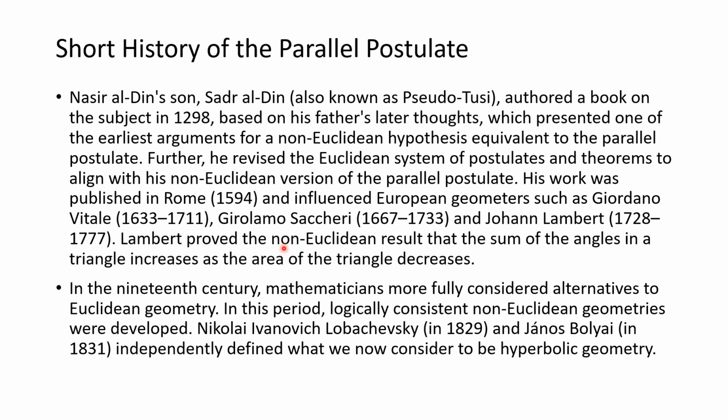Lambert proved the non-Euclidean result that the sum of the angles in a triangle increases as the area of the triangle decreases. So this is kind of wild. We'll talk about this later, but if you're only familiar with Euclidean geometry, this sounds pretty much off the wall, but we'll talk about this later on.